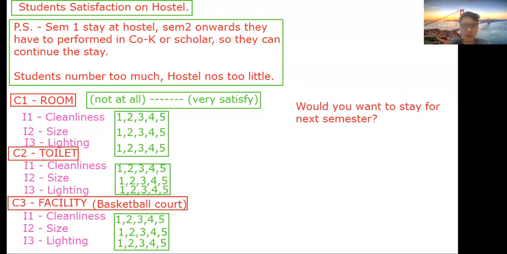I asked them whether they want to stay for the next semester, and I let them choose the scale: yes, no. So this yes, no scale is not a Likert scale. This is a nominal scale.